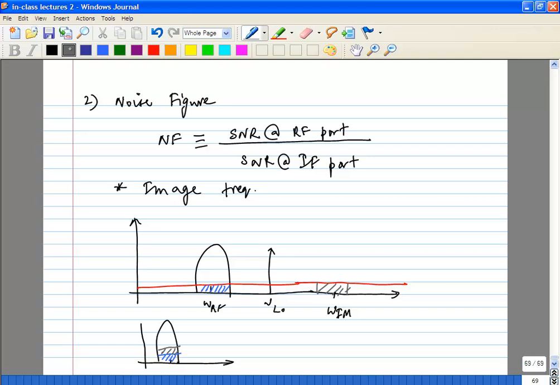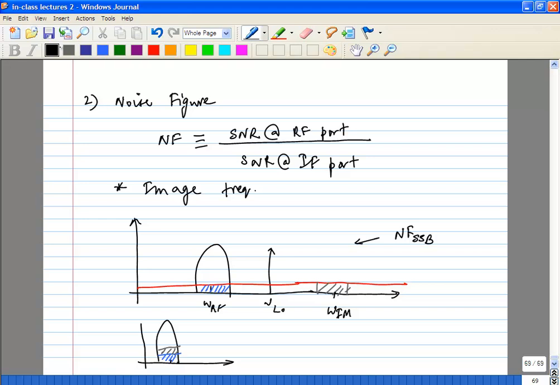This would be the case in most mixers, because you will be interested in only one sideband. So there are actually two definitions of noise figure. One is called the double sideband noise figure, the other is called the single sideband noise figure. So this would be what is called the single sideband noise figure.